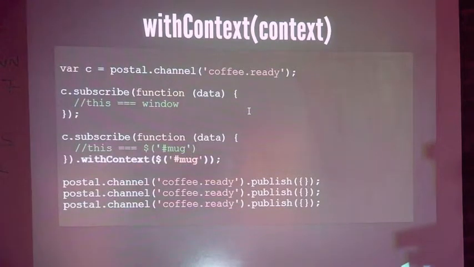But what if you have two different modules that have a different withContext on a subscription? Whichever handler is being invoked, that's the one that this object is going to be set for. It's whichever handler is invoked that gets that context, and subsequent handlers that are chained to it.